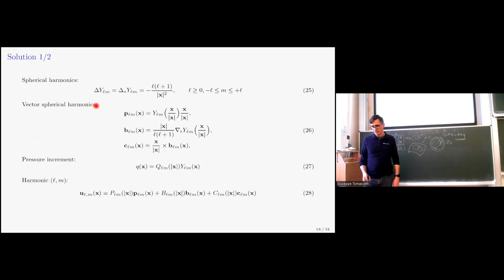Vector spherical harmonics are vector fields defined on the sphere. They are usually called P, B, and C. The vector field P is essentially orthogonal to the surface. So suppose, for example, this X is a point on the sphere.